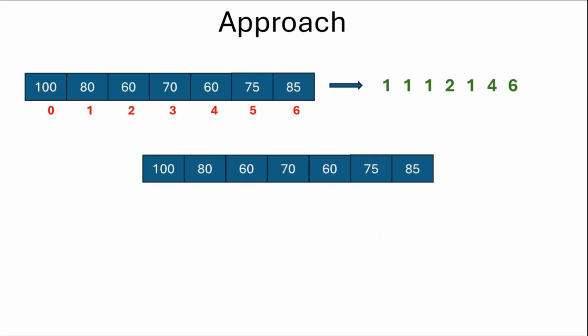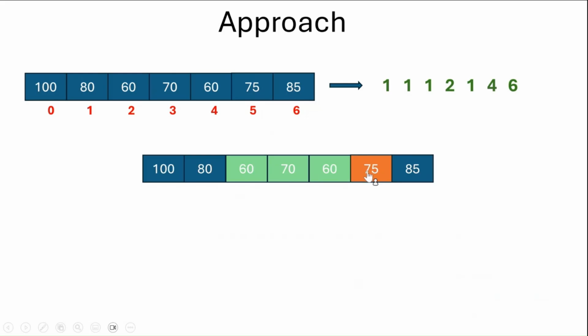If we observe one thing, whenever we see the current day price, for example, let's say we see 75 for the current day, then we see that there are 3 days having stock prices less than or equal to 75.